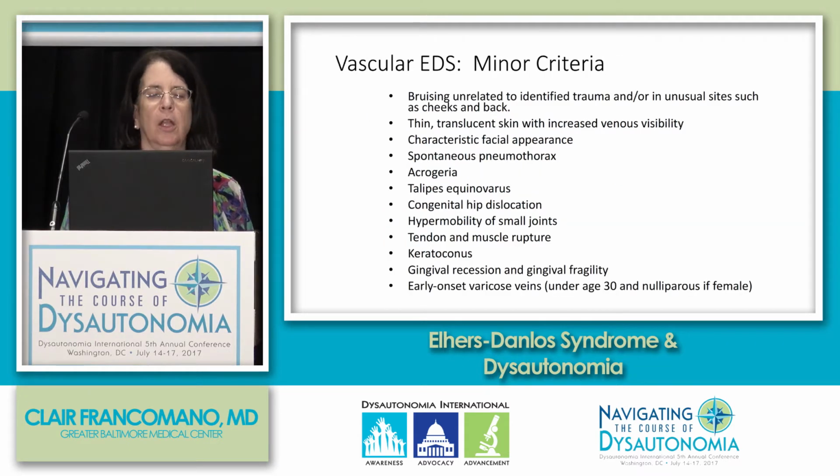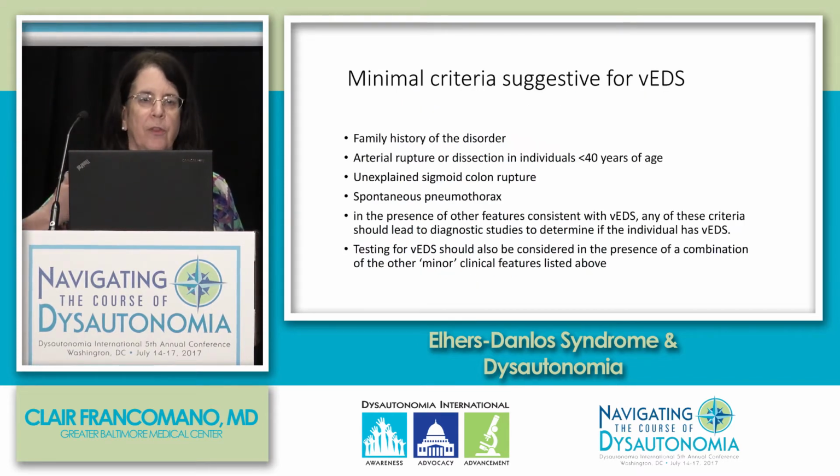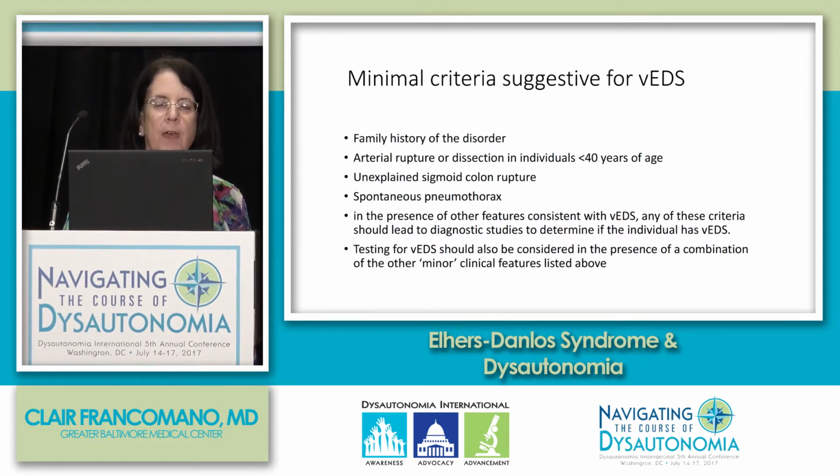Then we have this long list of minor criteria, and I'm not going to go through all of them because really the major thing to think about is what should prompt us to think about the vascular type of EDS. There are 4 main criteria: the family history of the disorder, arterial rupture or dissection at less than 40 years, the unexplained sigmoid colon rupture, and spontaneous pneumothorax.